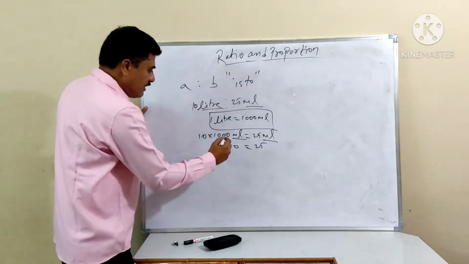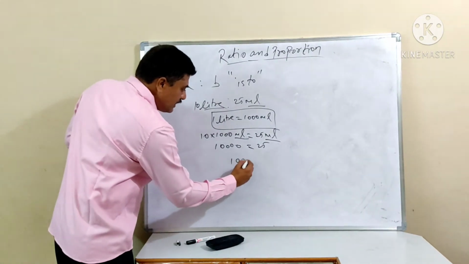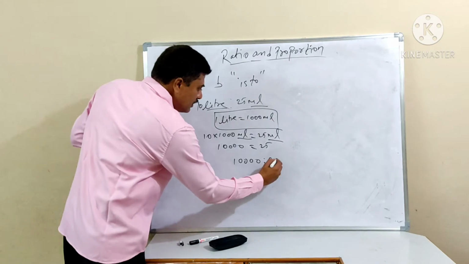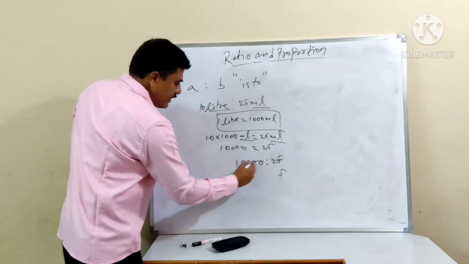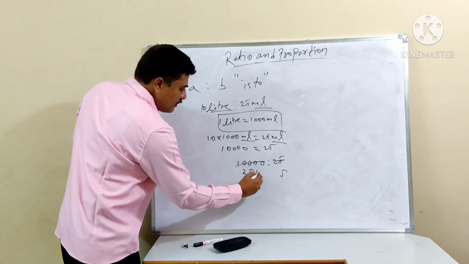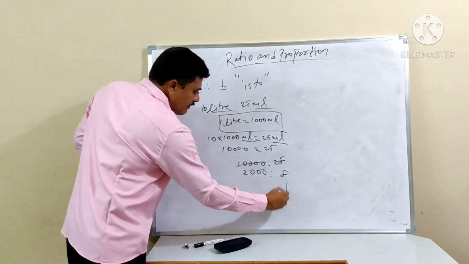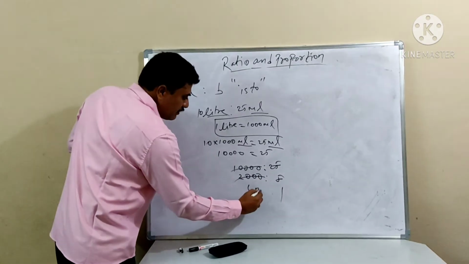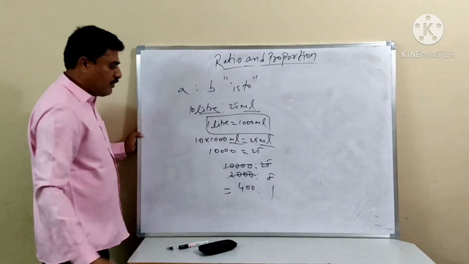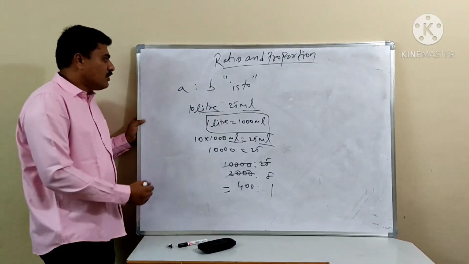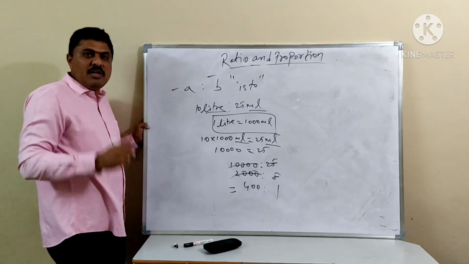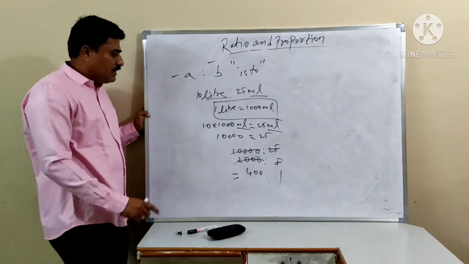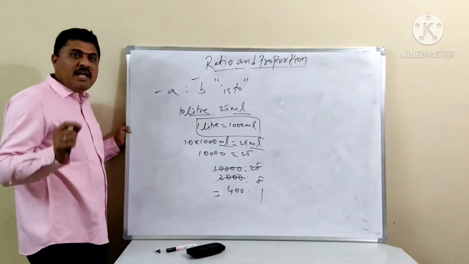So here we can find out the ratio. 10,000 is to 25. It goes in the 5 table. 5 5s are 25, 5 2s are 10, 0, 0, 0. Again 5 1s are 5, 5 4s are 20. 400 is to 1 is the ratio of these two quantities A and B. So the simple definition is: comparing two similar quantities.